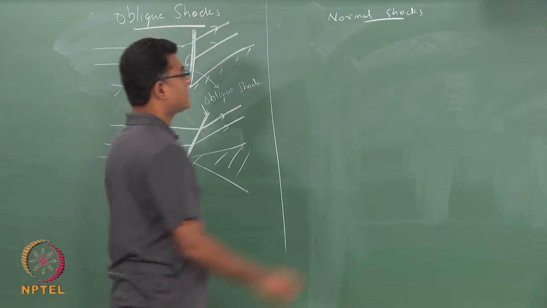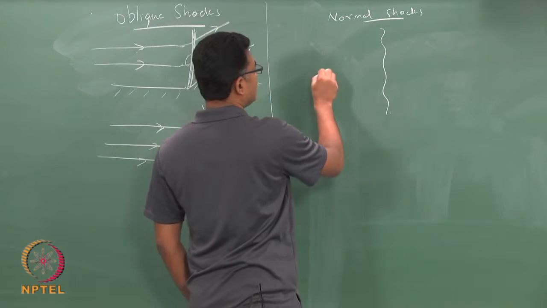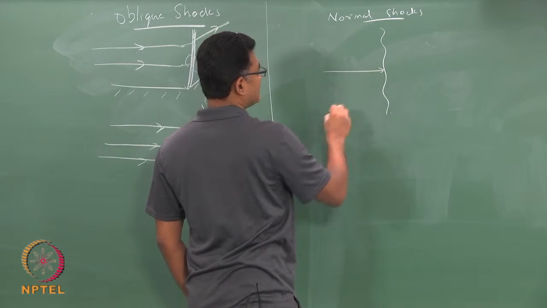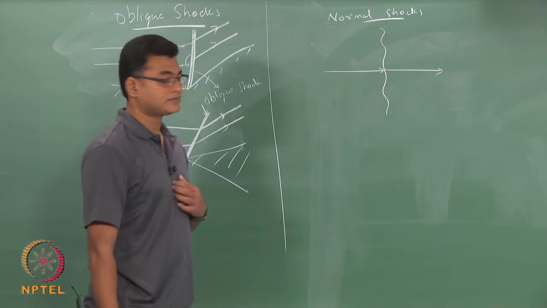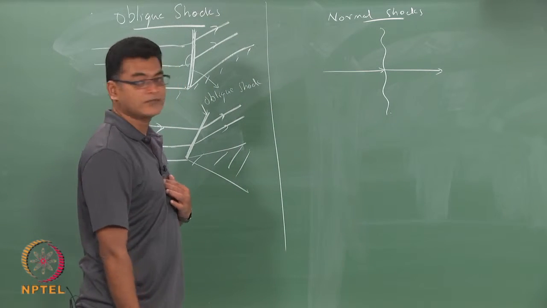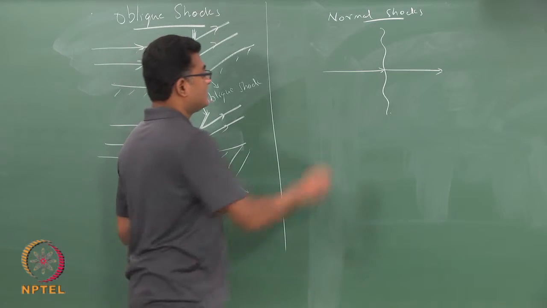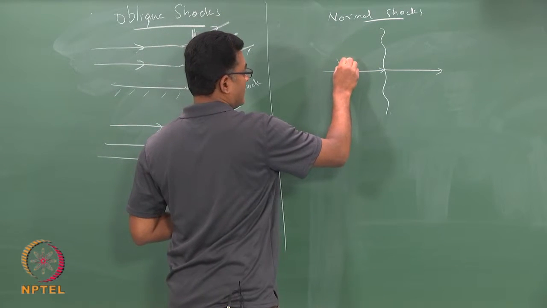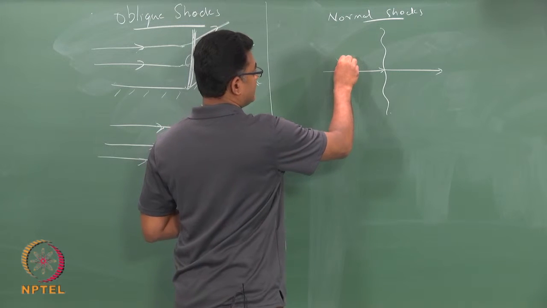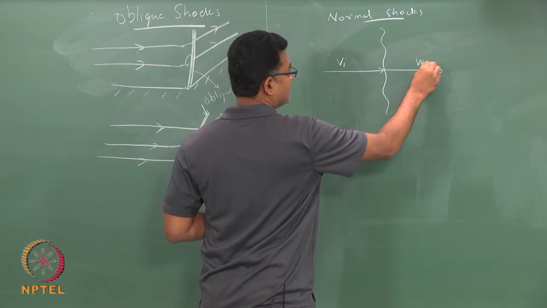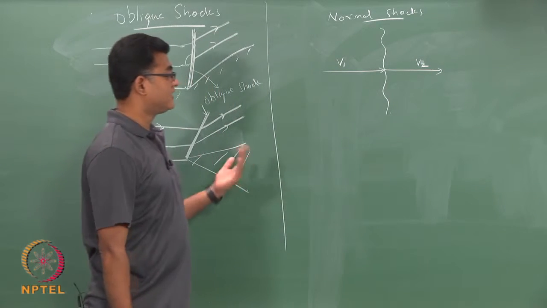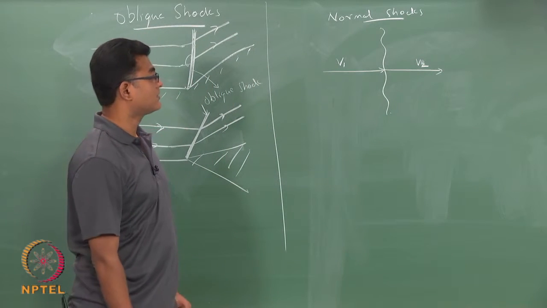So, in a normal shock we had a shock, and a velocity that comes here and goes out. Let me call this V1 and V2 instead of our terms x and y, to differentiate that this is an oblique shock.